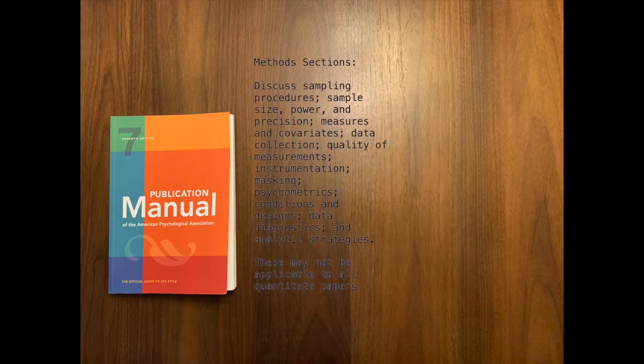A quantitative method section should also provide sampling procedures, sample size, power, and precision, measures and covariates, data collection, quality of measurements, instrumentation, masking, psychometrics, conditions and designs, data diagnostics, and analytic strategies.